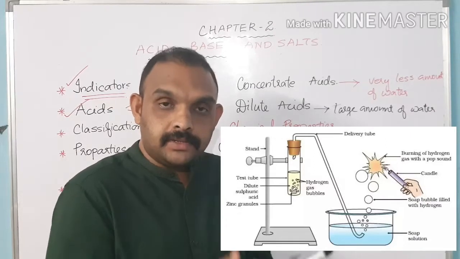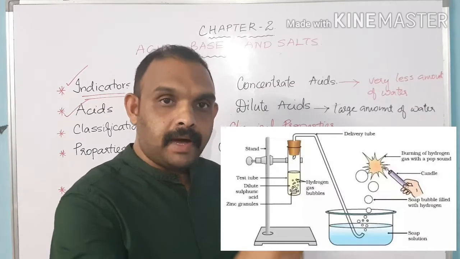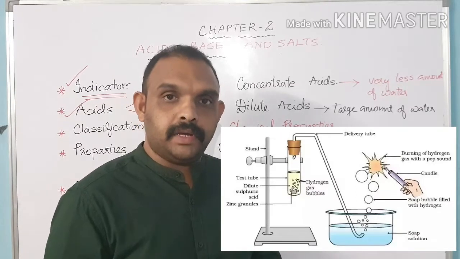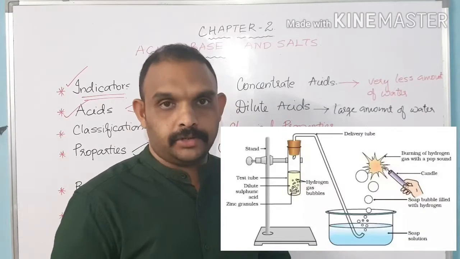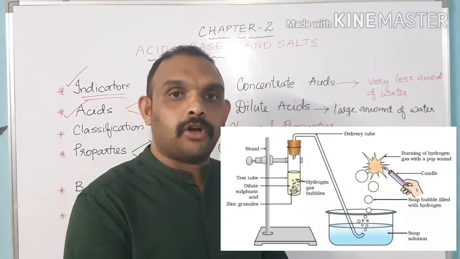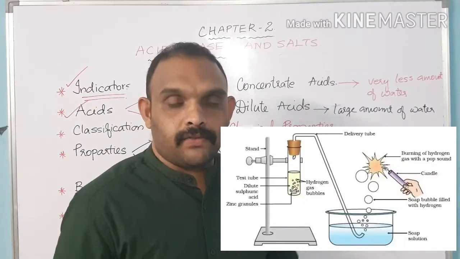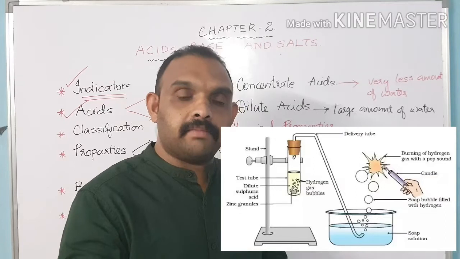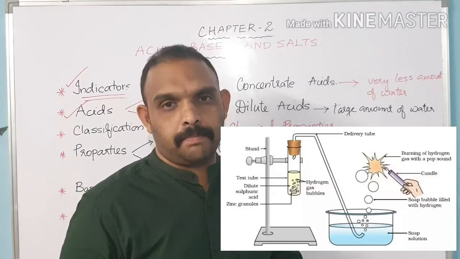That means some gas is coming up, and that gas is collected and passed through a delivery tube, which is projected into a tub containing soap solution, and from that soap solution soap bubbles start flying. If you bring a burning matchstick near the soap bubble, it will burst with a pop sound.